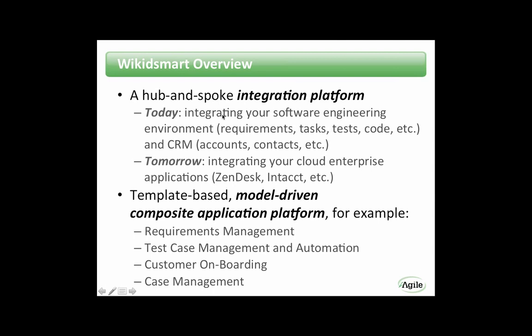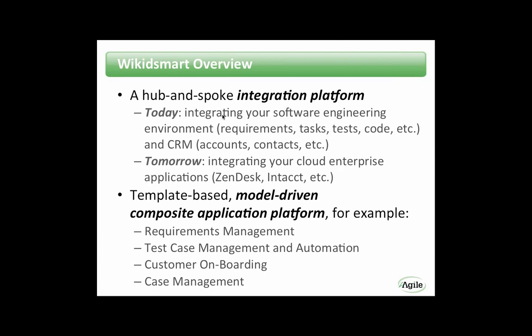The second major concept is Wikidsmart is a template-based, model-driven composite application platform. When I say template-based, we have two concepts of templates within Wikidsmart, meaning those templates are manifested within a wiki, within the Confluence wiki. You could enable the same concept with any other application or tool that would allow it as well. You could have Portal, for example, with the template base.